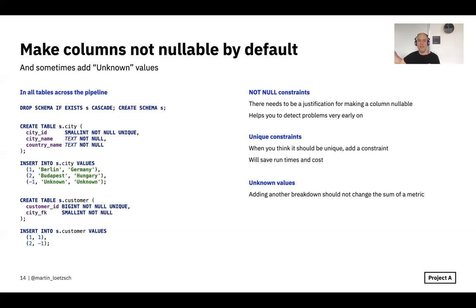And these unknown values are good because people have a diagram of revenue over time, and then they add the country dimension into the chart, and people expect that the overall sum of the revenue over all countries is the same as the revenue that we were seeing before. So adding another breakdown should not change the sum of the metric.